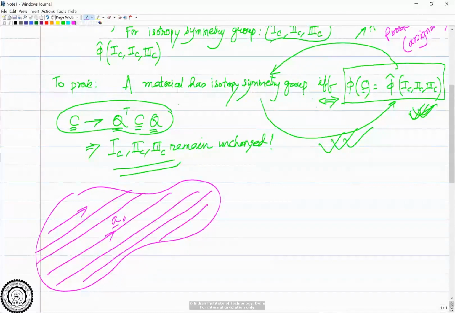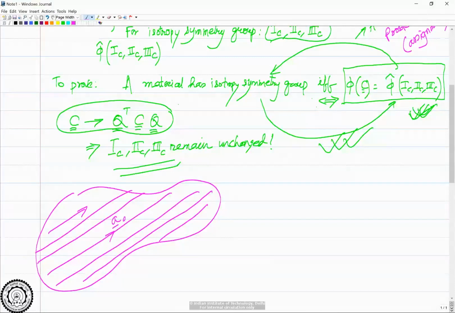Such a material will have one property in the direction of the fiber and in the direction perpendicular to the fiber, in all directions perpendicular to the fiber, it will have another property. So it's a transversely isotropic material. And you have several such examples, fiber reinforced materials, composites, they are examples of transversely isotropic materials.